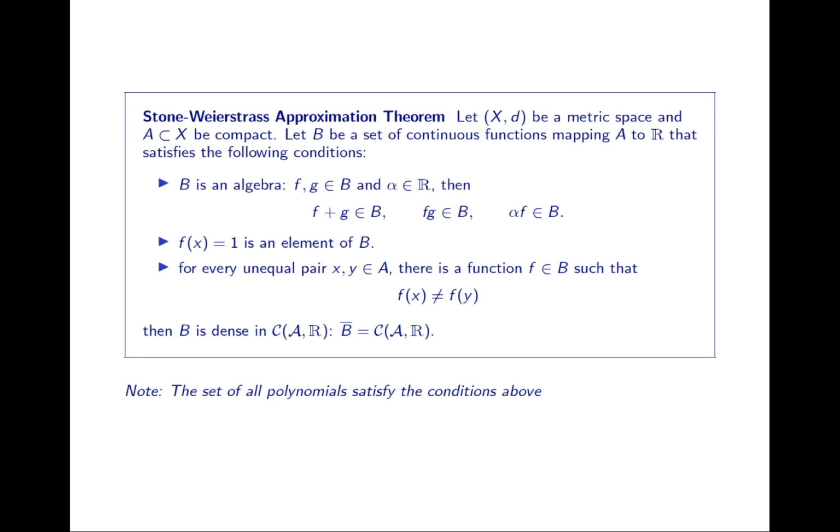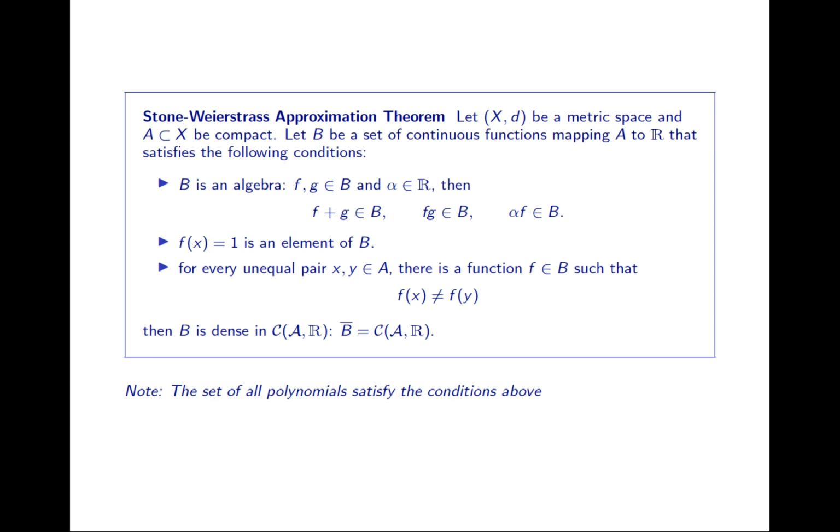In other words, B is closed under addition, multiplication, and scaling. F of x equals 1, right? 1 is an element of B. Then for every unequal pair x and y, there is a function in B for which f of x and f of y are not the same. Then we say that B is dense in the set of continuous functions.